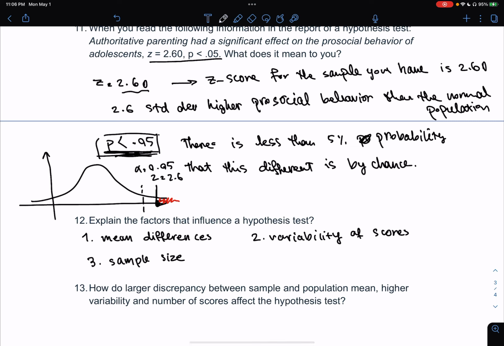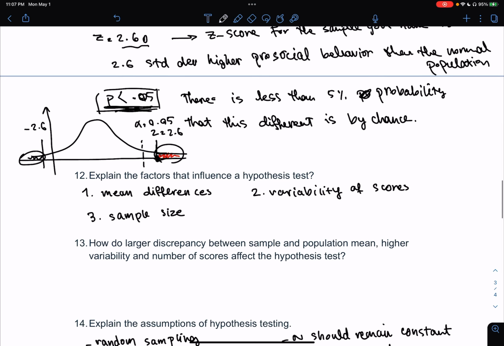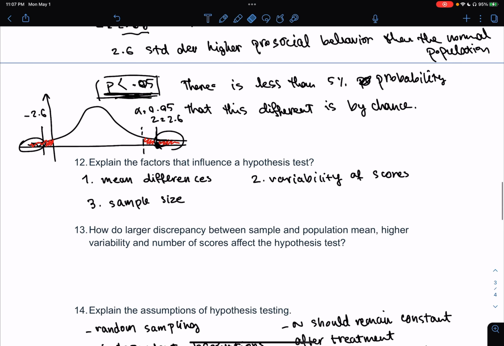So p smaller than 0.05 means that this area under the curve here, and the one on the other side, the sum of these two is smaller than 0.05, which was here. Which also means that the z-score is higher than the critical z-score.